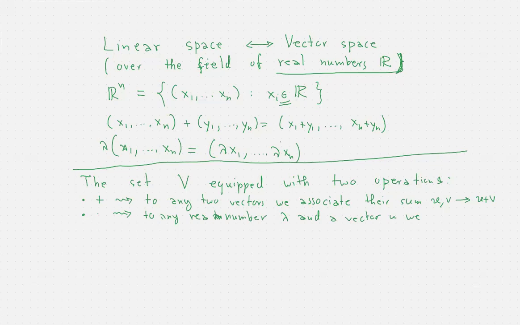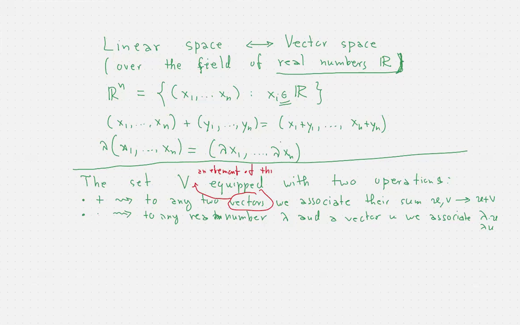So you can put a dot or you can just leave it without a dot. Here, let me just specify that when I say vector, I really mean just an element of this set. Since we're talking about vector space, its elements are going to be called vectors. But again, the prototype that you should have in mind is Rn.